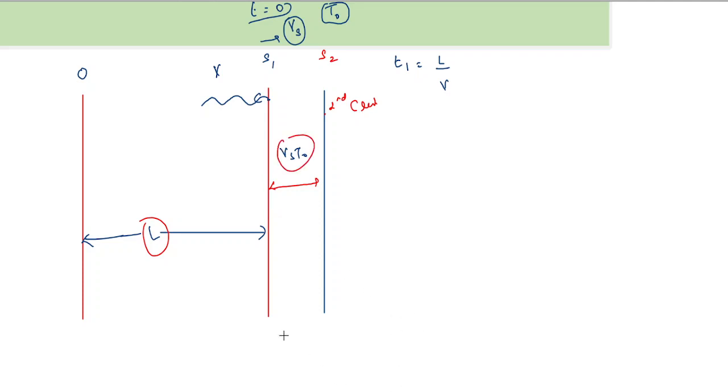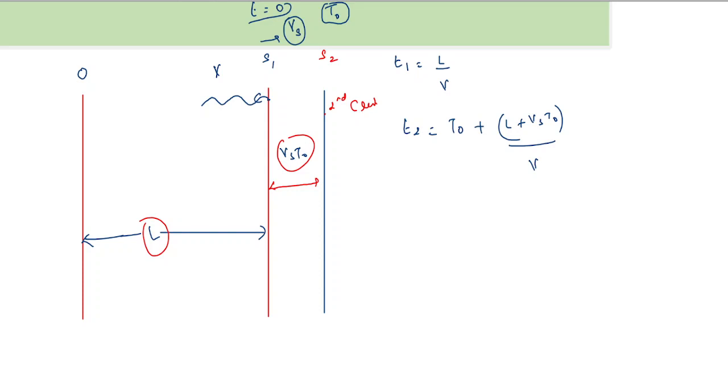So the time taken for the second crest to reach the person we call t2, that would be t0, because we are starting measurements from time t0 only. So from time t0 it will be t0 for the source to travel to point S2, plus the distance from here, that will be L plus Vs t0, by v. That is from time t is 0. If we take calculations, then the second crest would reach the person in this time interval.